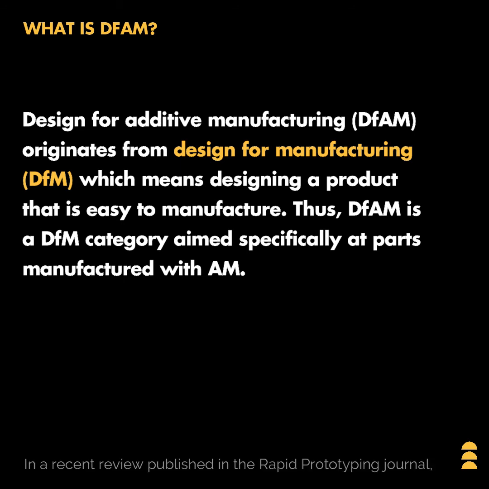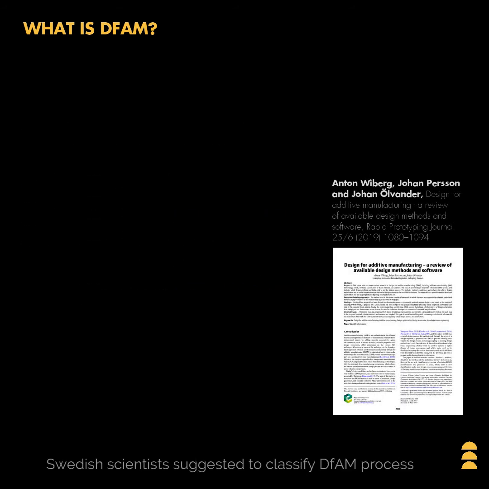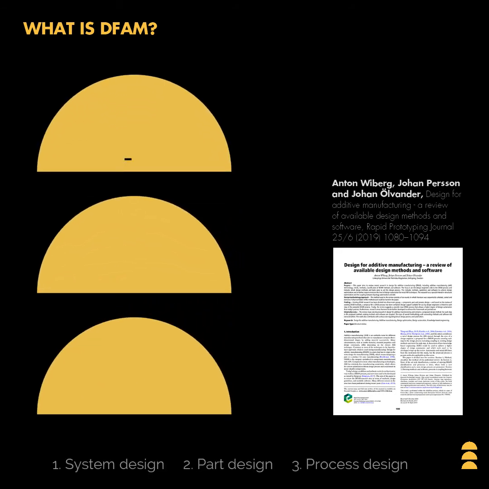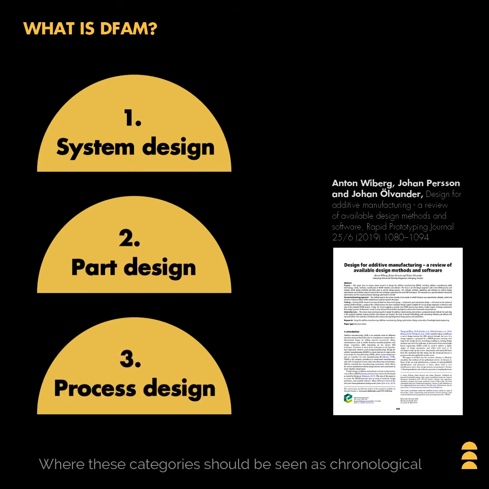In a recent review published in Rapid Prototyping Journal, Swedish scientists suggested to classify the DFAM process into three categories, namely system design, parts design, and process design, where these categories should be seen as chronological steps with formulated goals for each step.